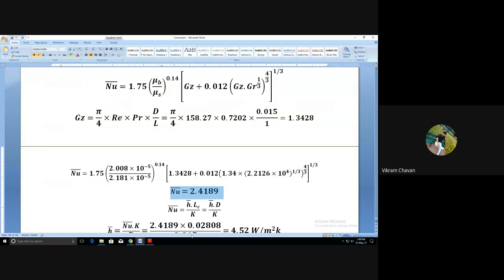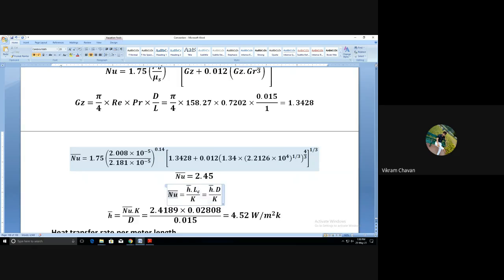Okay, 2.448, then 2.445, 2.45. No problem. Then I will change this value, I will write 2.45. No issue. 2.448 we can combine as 2.45 also. So the Nusselt number we will take as 2.45.